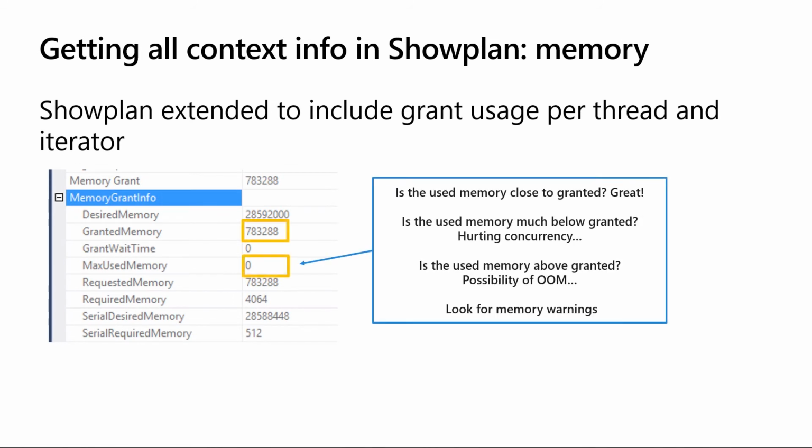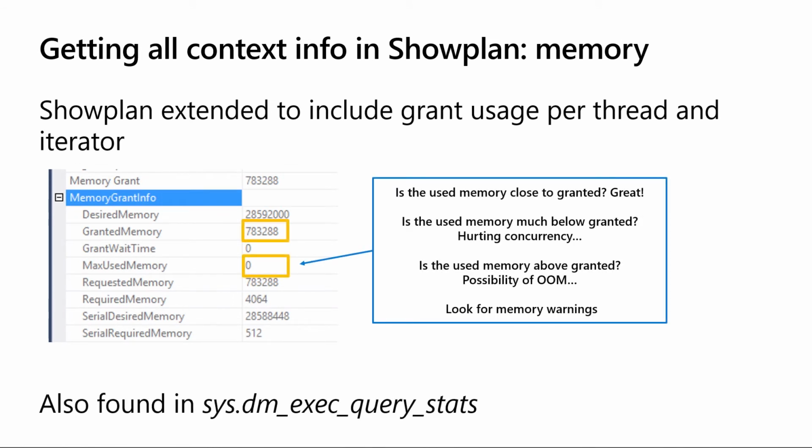The query plan also has information about memory usage. It includes extended information about memory grants per thread and per operator. So for example, if I look at these two data points, the granted memory and the max used memory, if those are very close to each other, that means that SQL actually used, for this query execution, the memory it had estimated it would use.